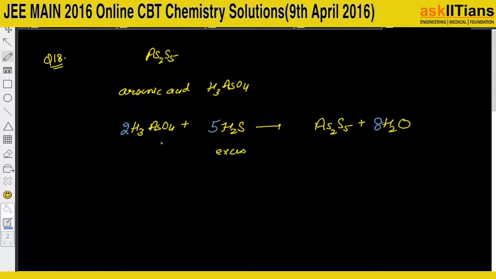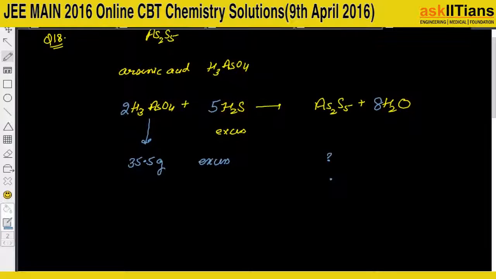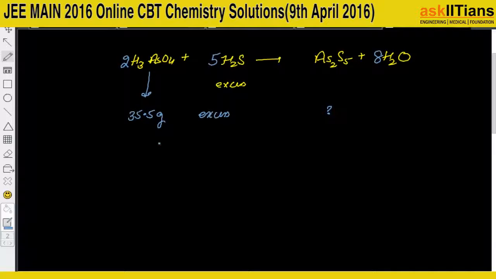Now this has been given to us as 35.5 grams. H2S is given in excess and I need to find out the number of moles of As2S5 being formed. Looking over to the reaction, I can very easily say that 2 moles of H3AsO4 will be giving As2S5 equal to 1 mole.